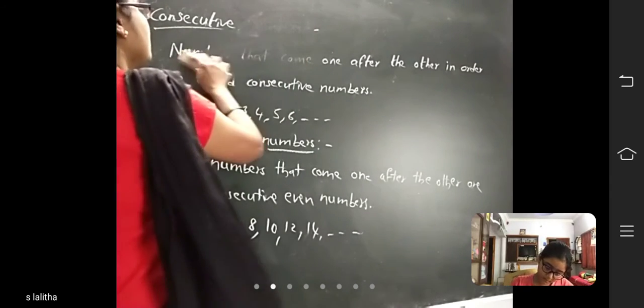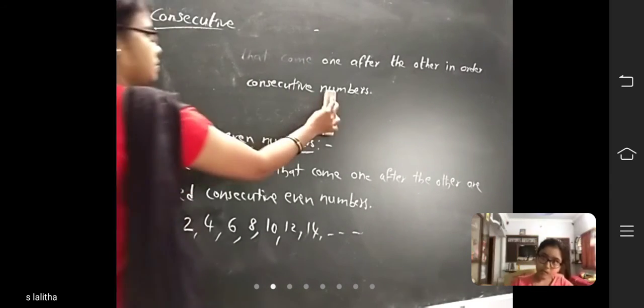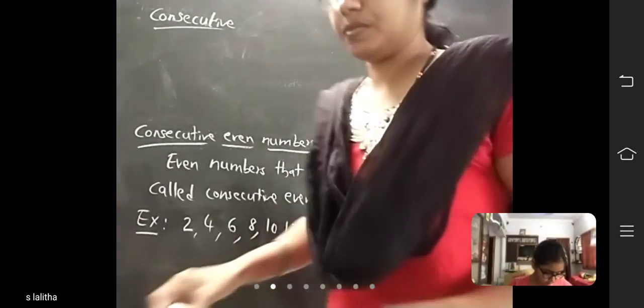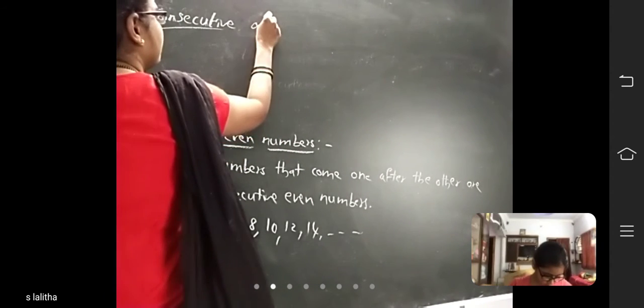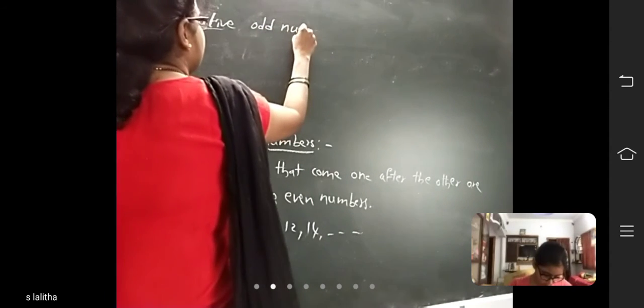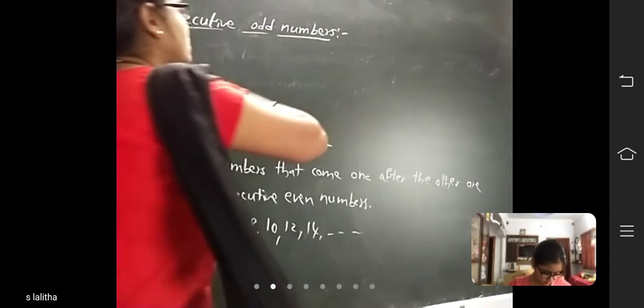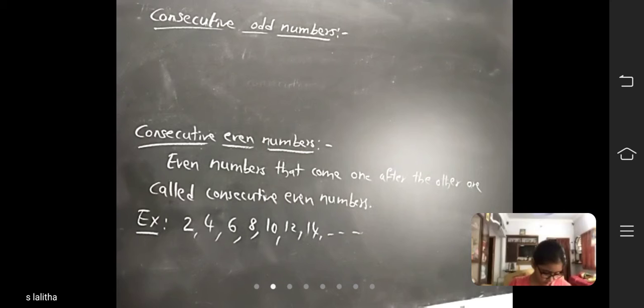Next one is consecutive odd numbers. So odd numbers means the numbers which are not divisible by 2 are called odd numbers. Okay.